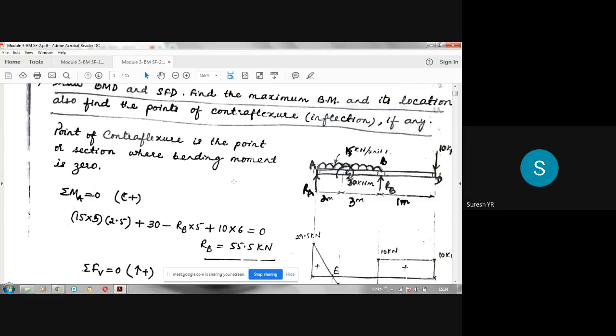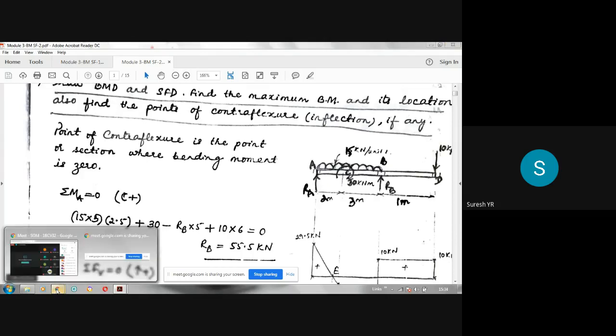So please note that definition. So we have to find the location of that point of contraflexure or point of inflection also. So write down the problem sketch.